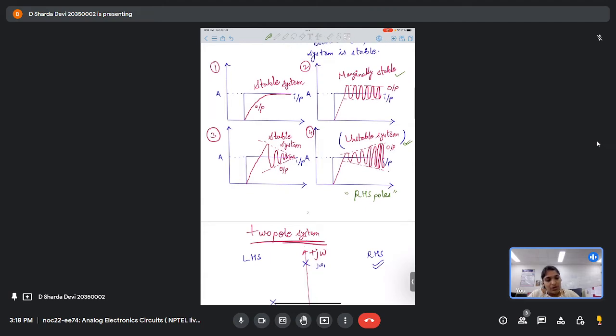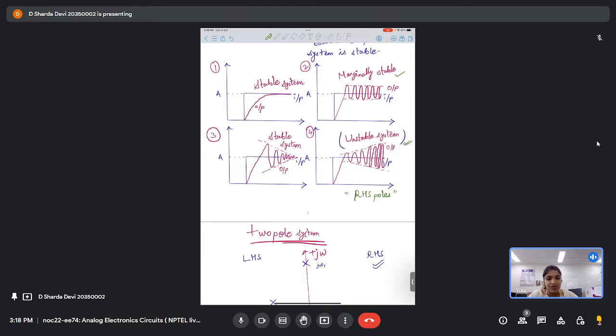So, when we talk about marginally stable systems, we can observe that our output is continuously oscillating across a constant mean position. When these oscillations are continuous and their amplitudes are constant, that means they don't have any real part in them.